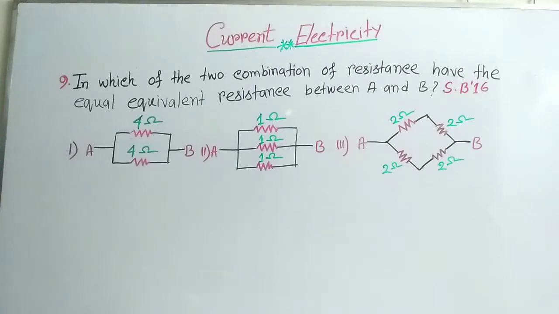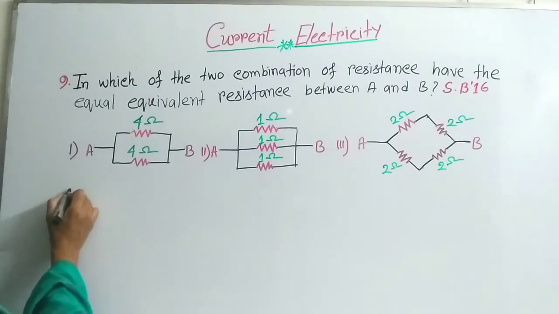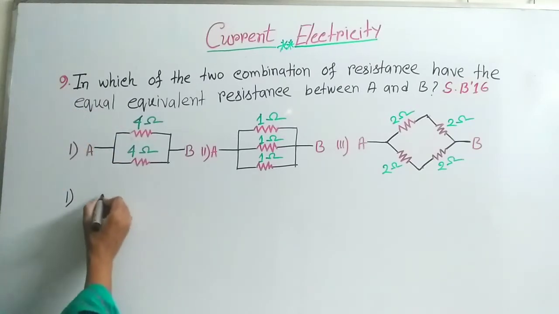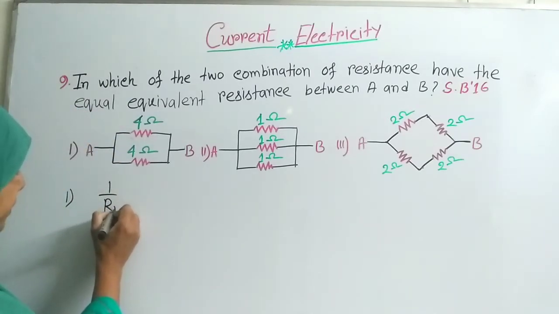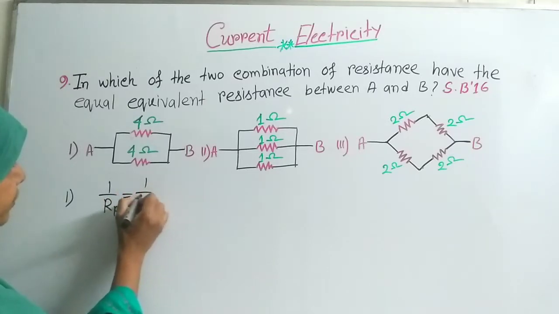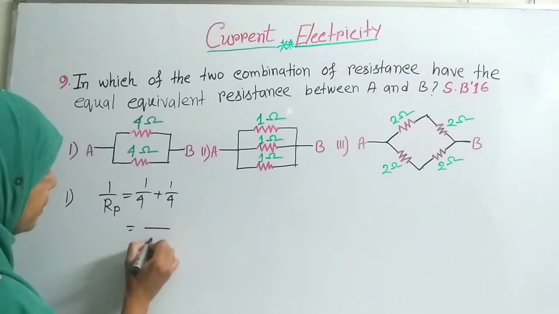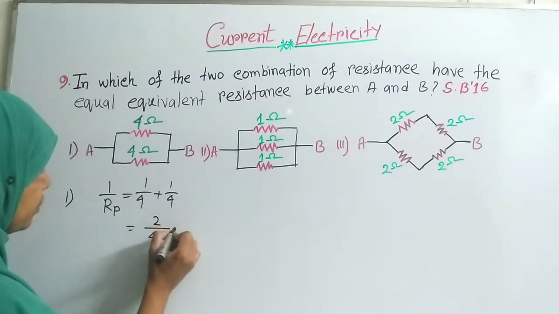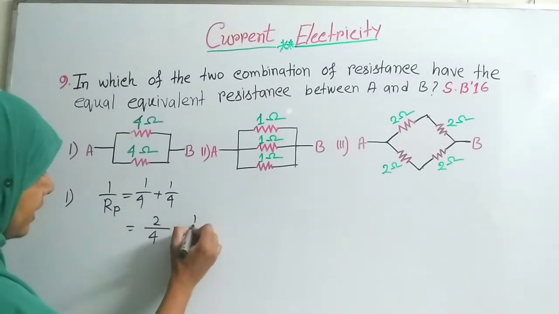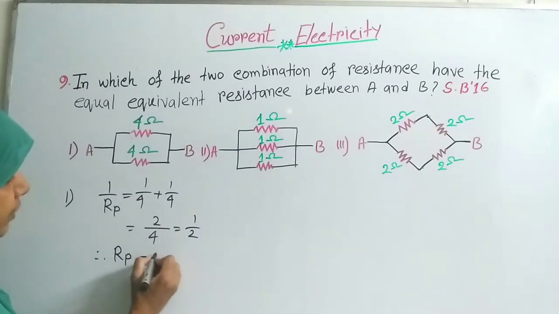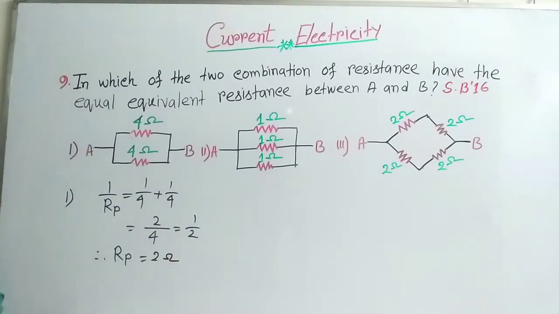So for the first circuit the equivalent resistance will be, here you can see that these two resistances are in parallel combination. So we can write that 1 by Rp is equal to 1 by 4 plus 1 by 4. So the value will be 2 by 4, that is half. So the value of Rp will be 2 ohm.